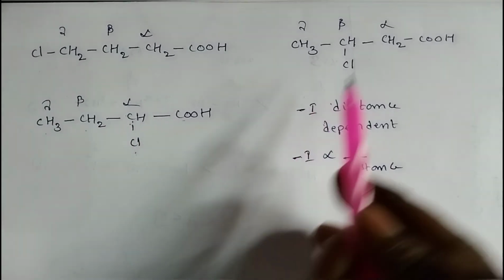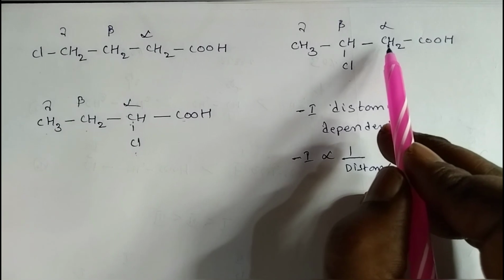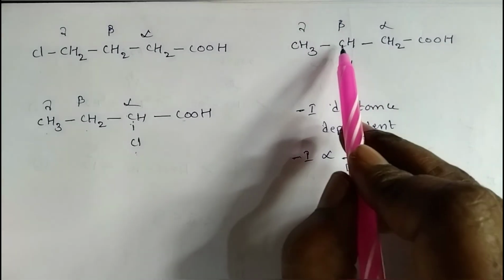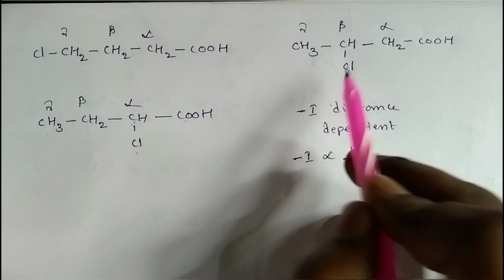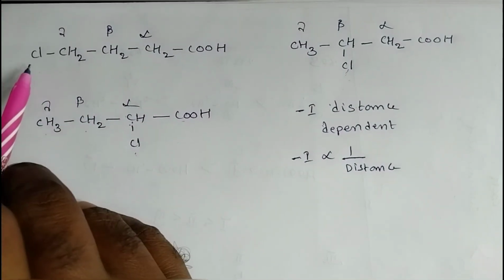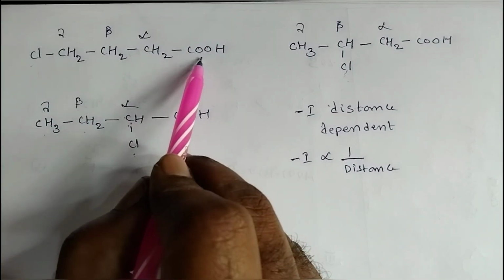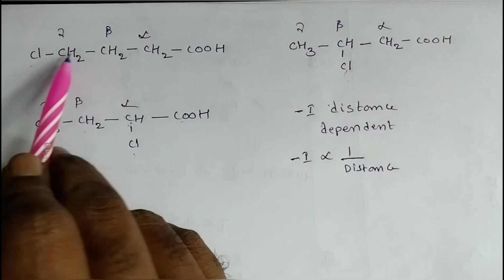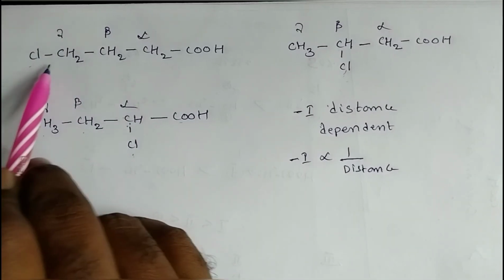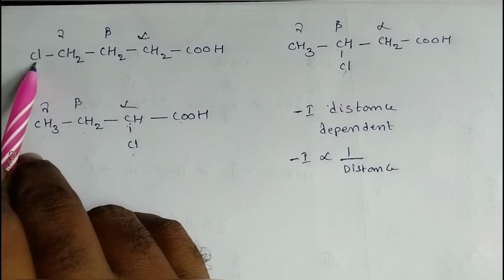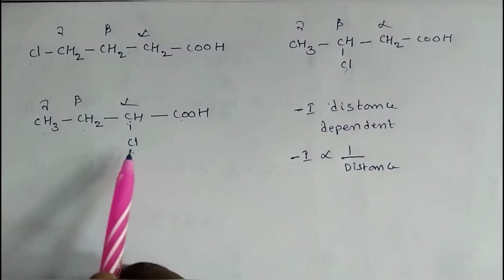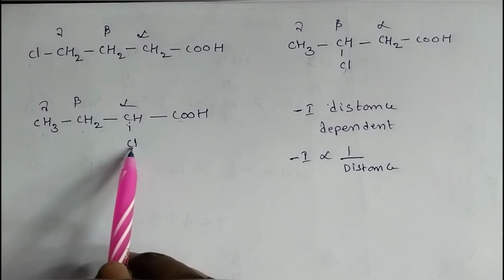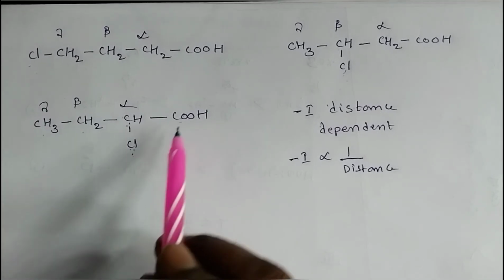In the second example, chlorine is located at the beta carbon atom, a little far away from the COOH group, and here it is far away from the COOH group, right? So in this compound, the distance is more between the electron withdrawing group and the functional group, and here the distance is less between the electron withdrawing group and the COOH group.